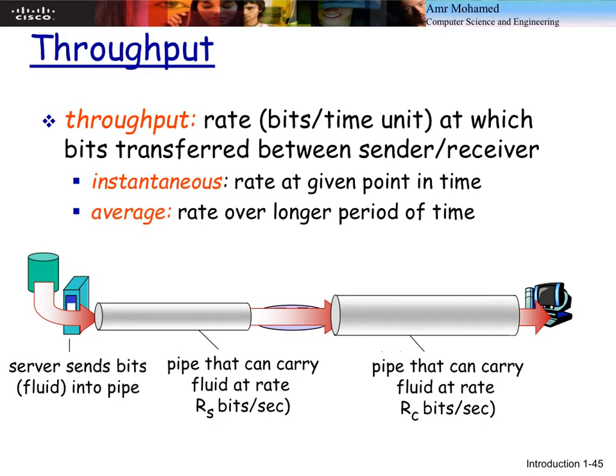This throughput is based on so many factors. It's based on the sending rate, but the sending rate is not enough to calculate the throughput, okay? Just the fact that the sender is sending with a specific rate, that doesn't mean that the receiver will receive it with the same rate. So this is a very important issue now, okay?